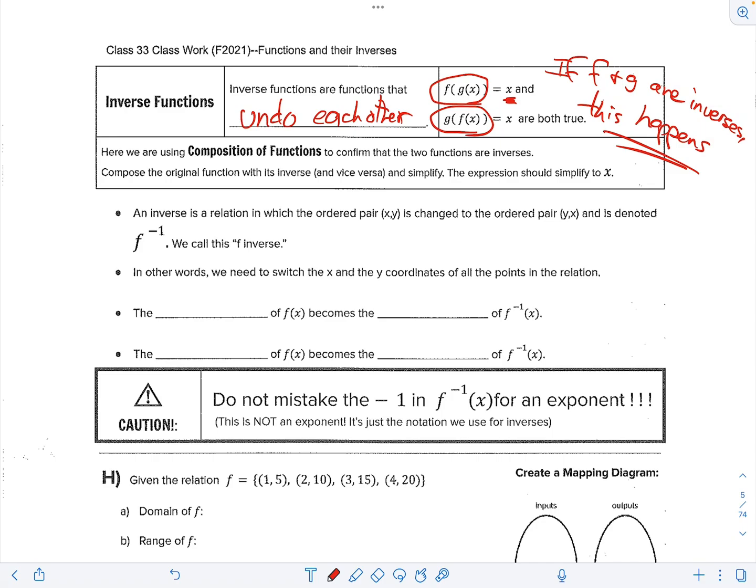What's really disappointing and very sad is that we just finished with an exponential unit where this -1, which looks like an exponent, is meant to put that function in the denominator. That's not what this is anymore. This f, which looks like f -1, is called f inverse.